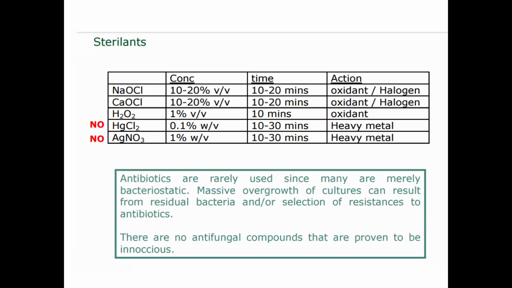Here are the different sterilants: sodium hypochlorite, calcium hypochlorite, hydrogen peroxide, mercury chloride, silver nitrate. Usually these heavy metal containing materials are less encouraged, because heavy metal is a pollutant. But others you can use. Whenever you use sodium hypochlorite, calcium hypochlorite, hydrogen peroxide, you need to take enough care, because they are toxic even for your cells. This is why you need to use gloves.